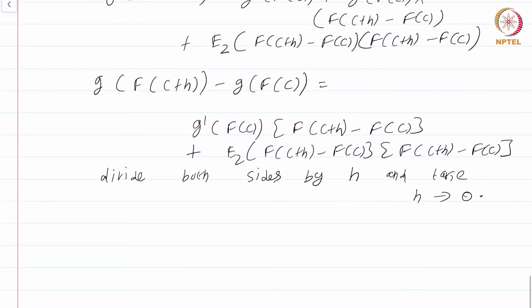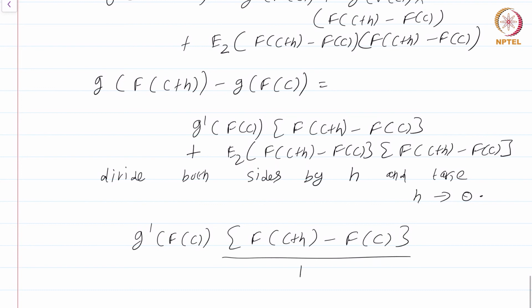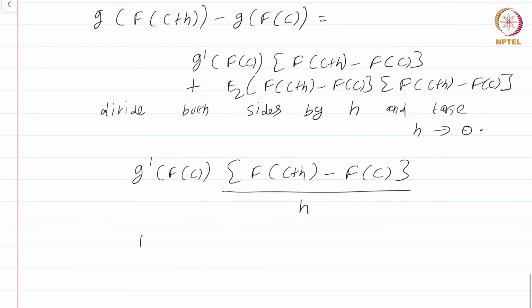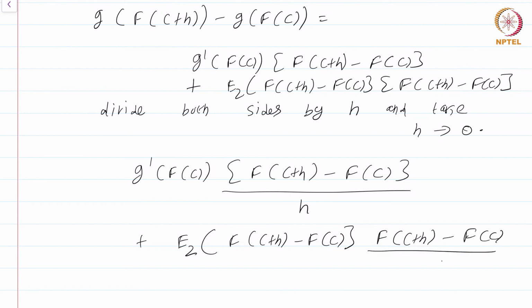Okay, what you will end up with is g prime of f of c times f of c plus h minus f of c, this divided by h, plus E2 of f of c plus h minus f of c multiplied by f of c plus h minus f of c divided by h. Okay, I hope I haven't made any errors.